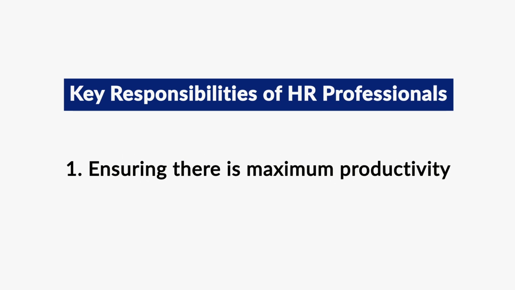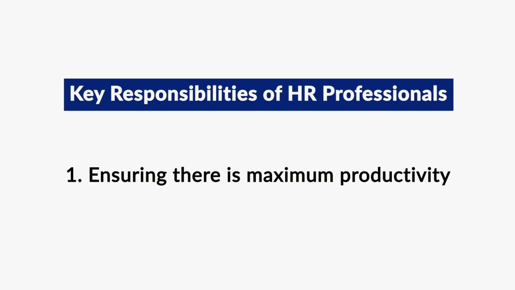So when we're talking about employee training needs, what is the role of HR in identifying these needs? One of the key responsibilities of HR, Cynthia, is to ensure maximum productivity. One way to do that is to ensure that the staff are equipped with the right skills and attitude, and even have the right resources to be able to deliver on the job.